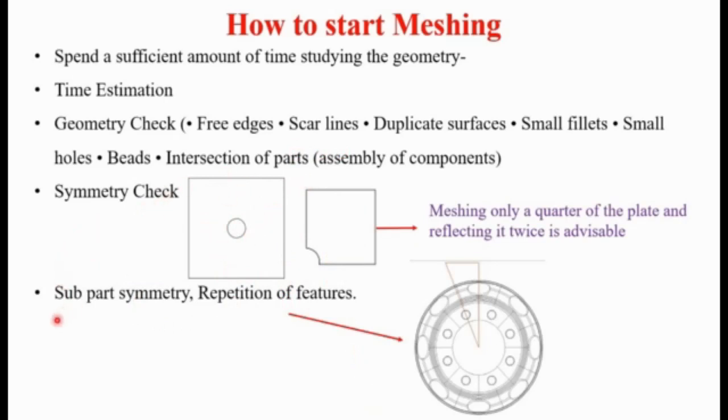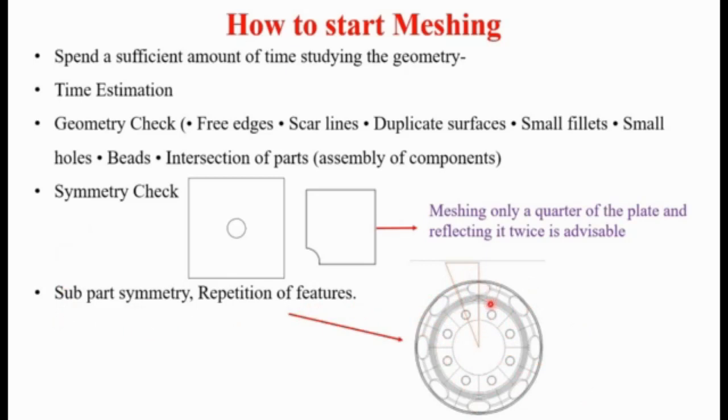Then again we have to check for subpart symmetry and repetition of the features. Here in this figure we can see these holes are repeated at a certain distance. Again these elliptical surfaces, these circles, these entities are again repeated here.